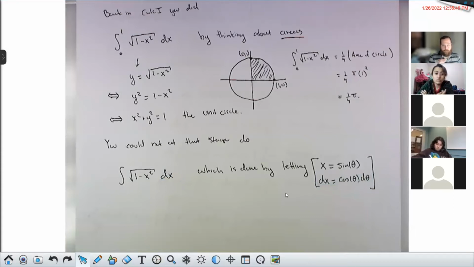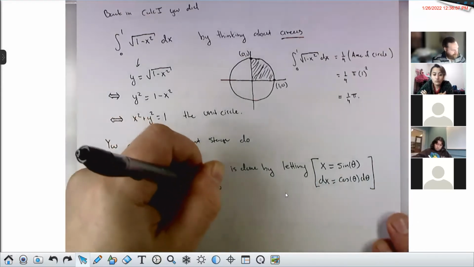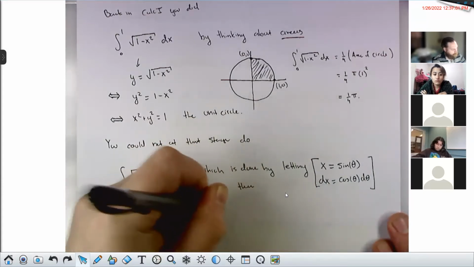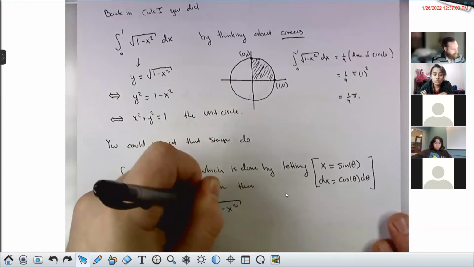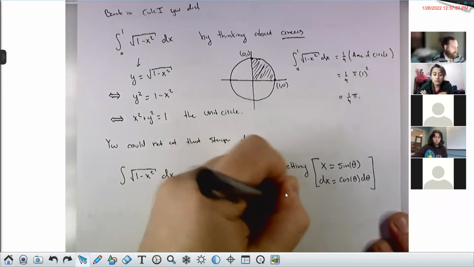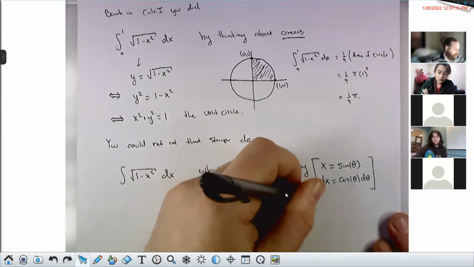That's why these substitutions are easier to execute. But the real reason this is nice is because then the square root of 1 minus x squared will be the square root of 1 minus sine of theta all squared, which is sine squared theta.